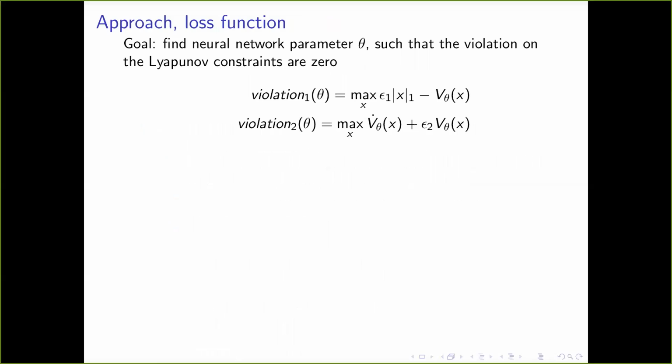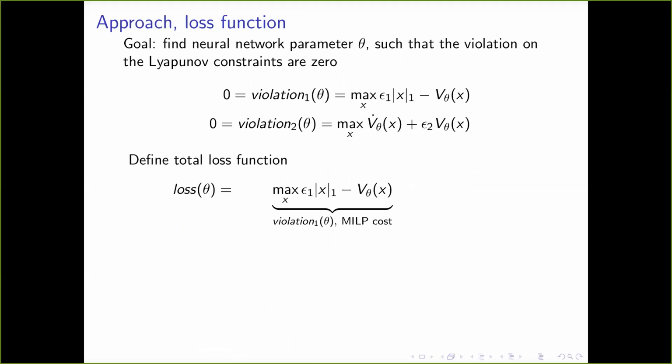So our goal is to find the neural network parameter theta such that the violation of the Lyapunov constraints is 0. To diminish this violation, we define a total loss function. Our loss function contains the violation of the positivity condition solved through MILP, and also the violation of the derivative condition as an MILP cost.